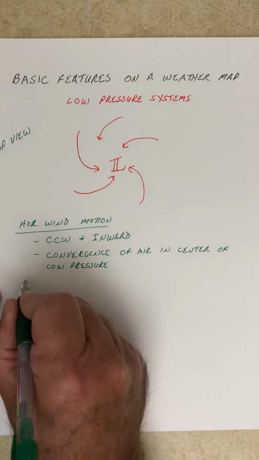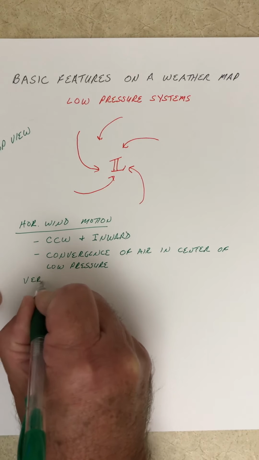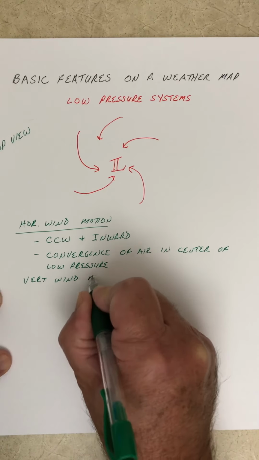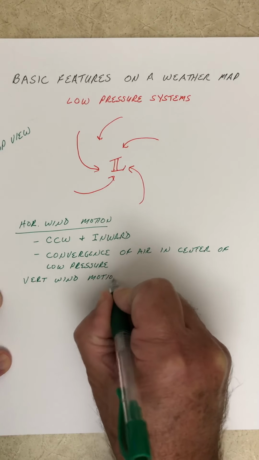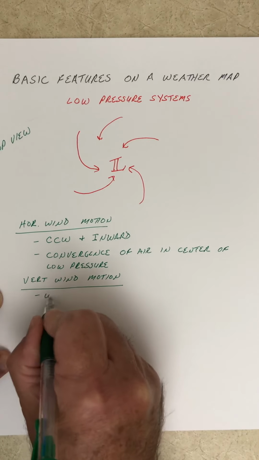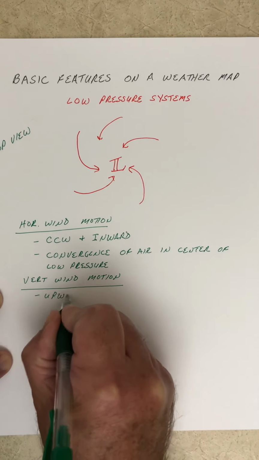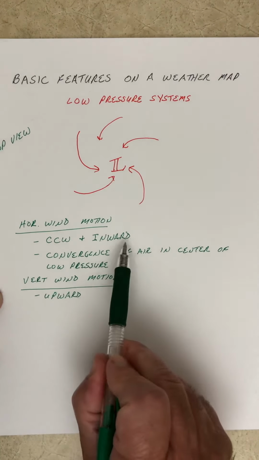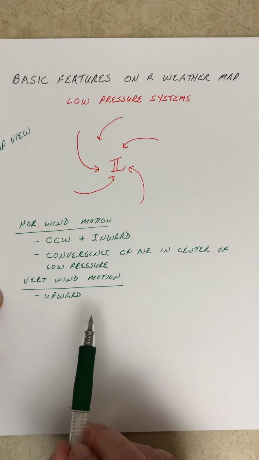And so the vertical wind motion, and this is the real importance of low pressures, is going to be upward. So the circulation around a low pressure is counterclockwise, inward, and upward.